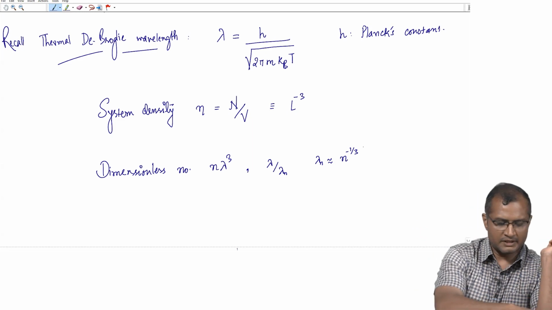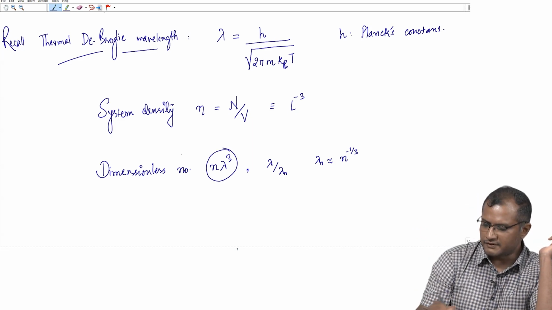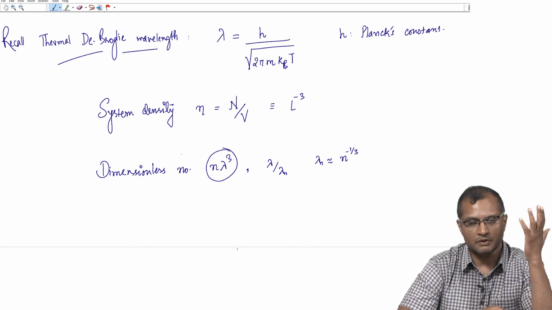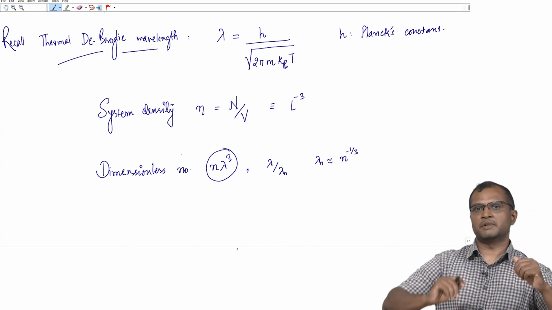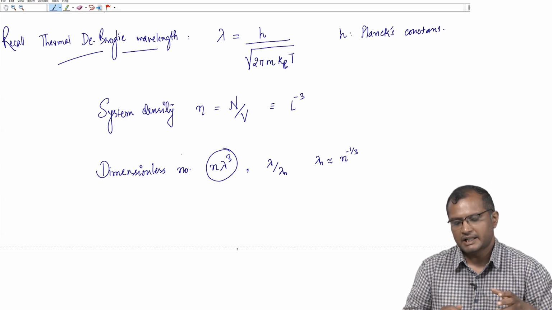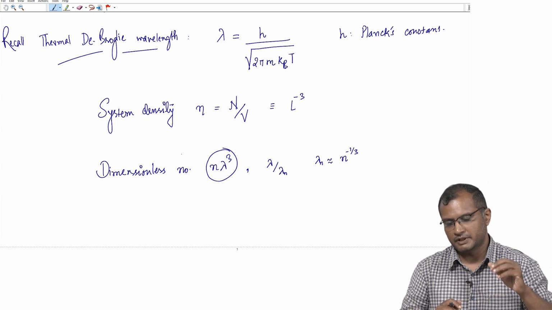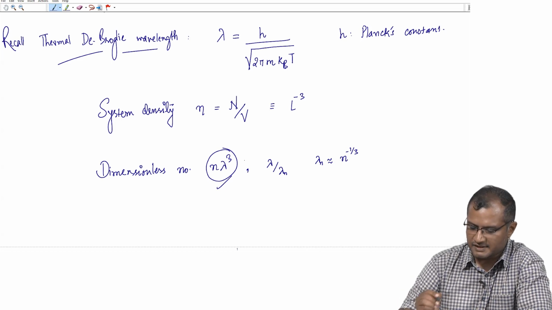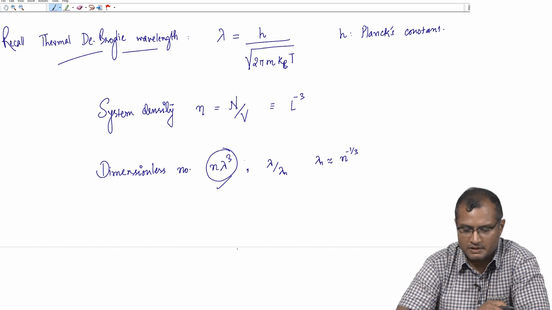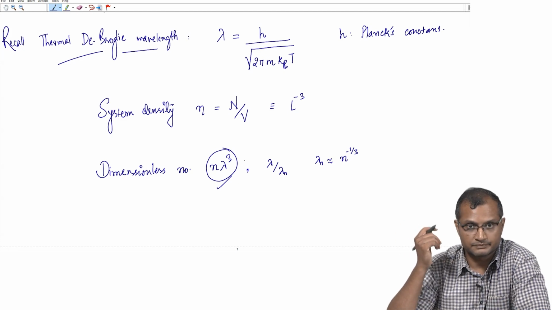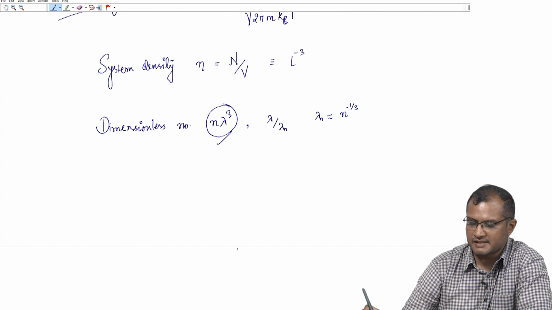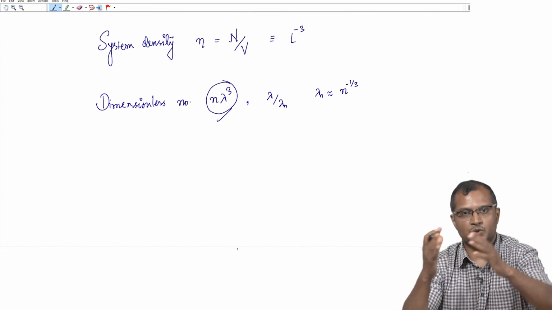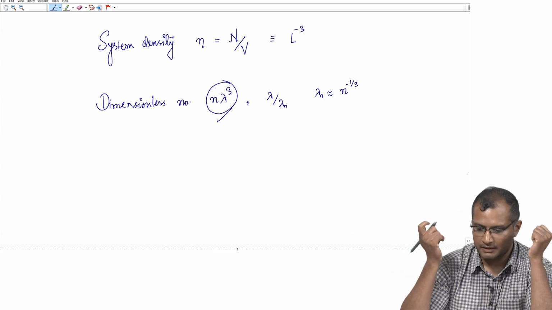So, I would like to work with this dimensionless number, where I know n from a handbook of materials or by previous laboratory experience or whatever, and I know to a very good extent what my de Broglie wavelength is. So, I can choose to work with this dimensionless number, purely for convenience sake.